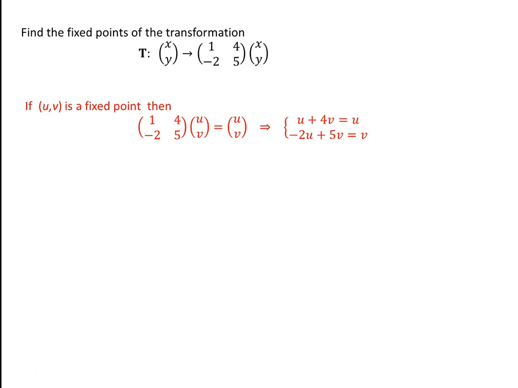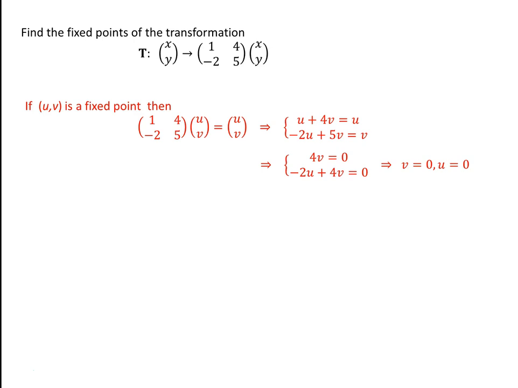Carry out the matrix multiplication. We've got u + 4v must equal u, and -2u + 5v must equal v. If we tidy that up, we've got 4v must equal 0, and -2u + 4v must equal 0.